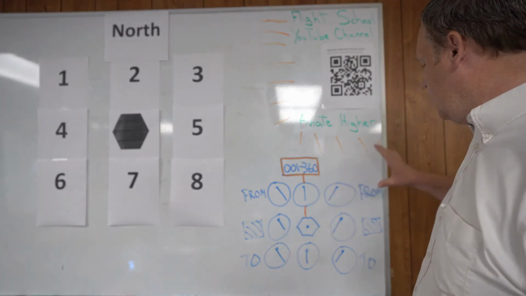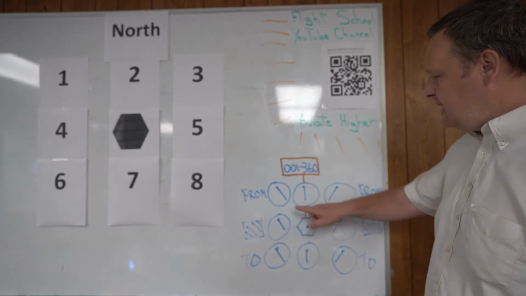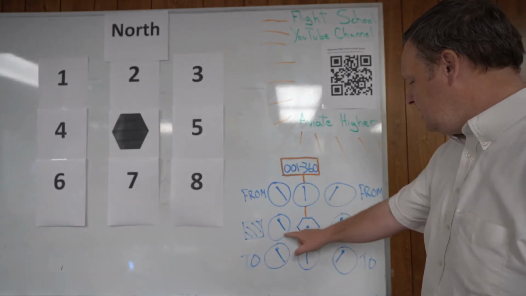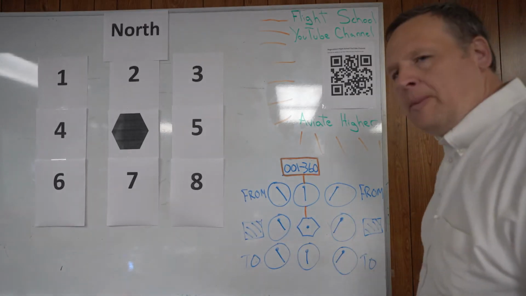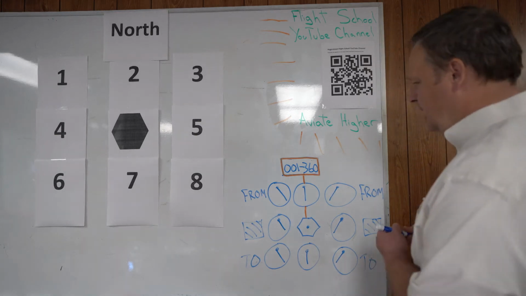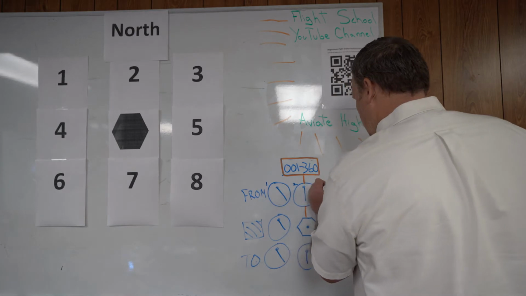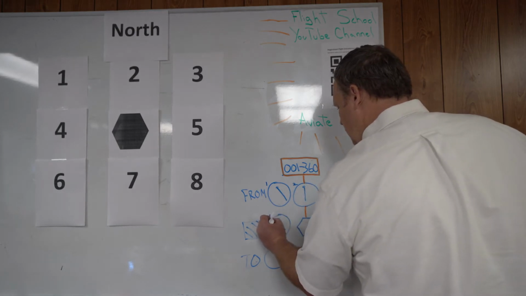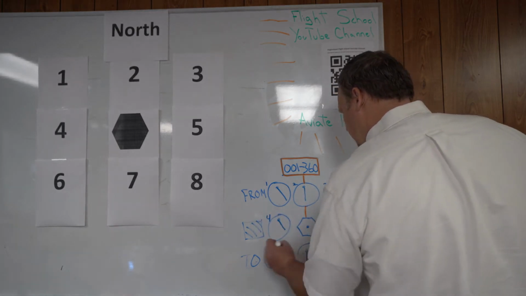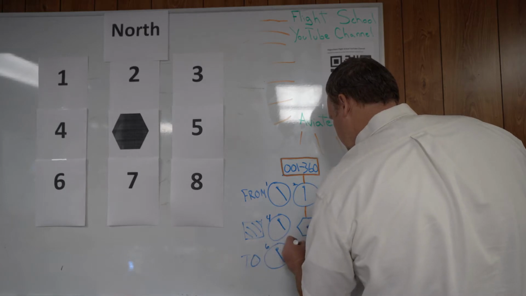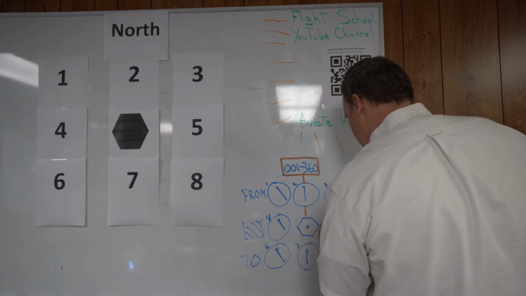So first off, this diagram here, you can see, has 8 different OBS indications. I'm just going to label them 1, 2, 3, 4, 5, 6, 7, 8.